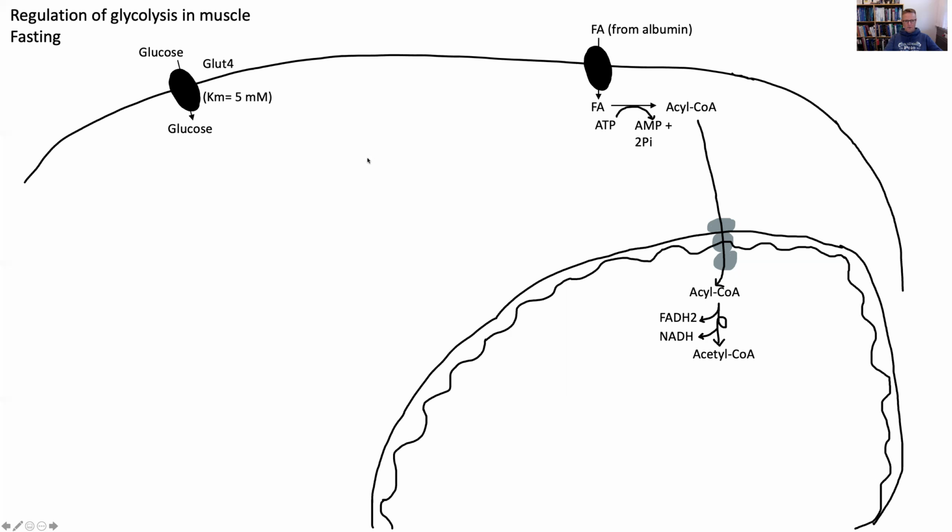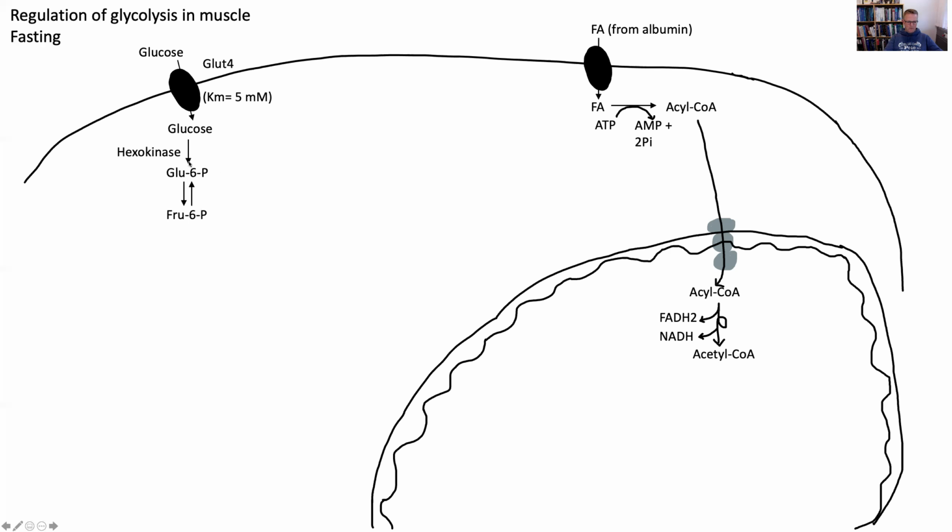We also know that glucose can enter the myocytes via specific transporters, in this case, GLUT4. And once glucose has been imported into the myocyte, the glucose will be phosphorylated by the first enzyme in glycolysis, known as hexokinase.